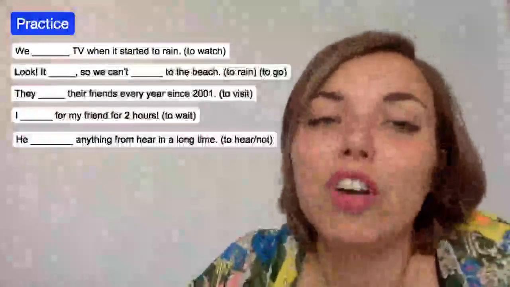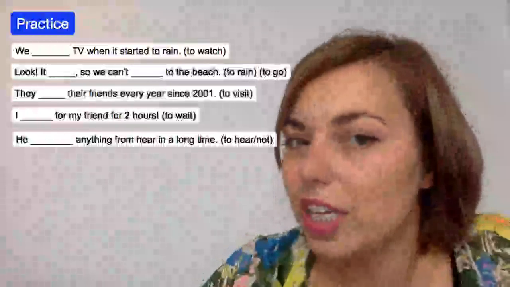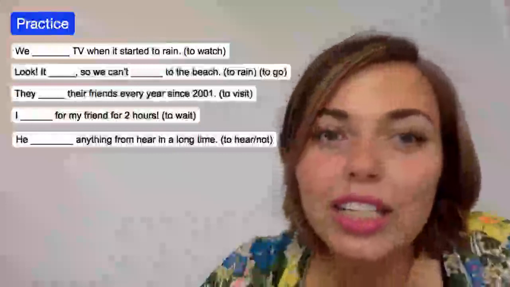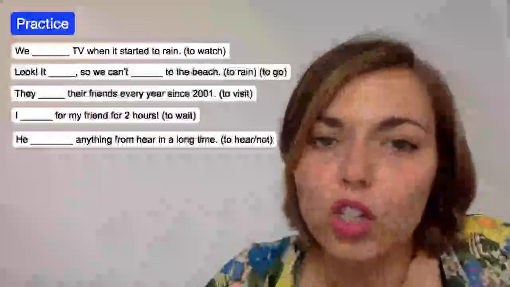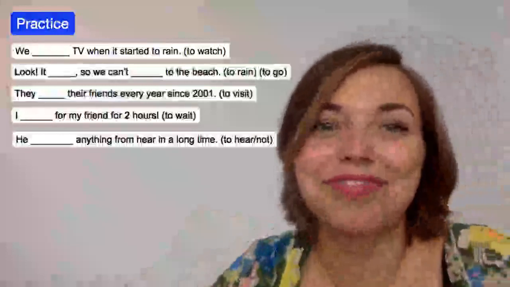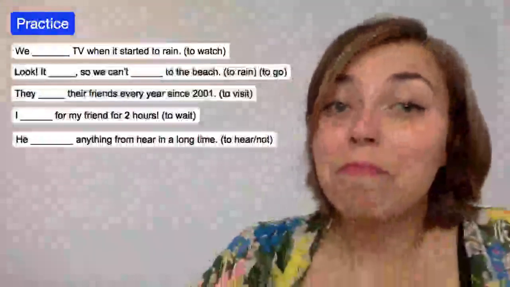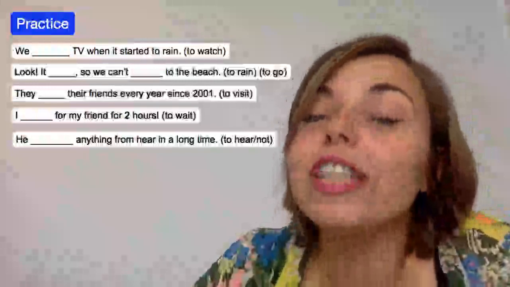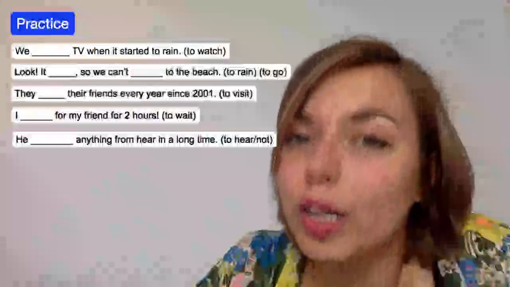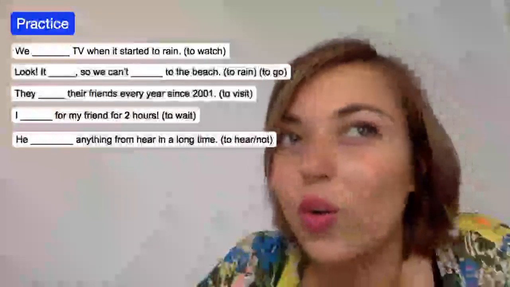So the first one we have, we TV when it started to rain. Look, it so we can't to the beach. Damn it. They their friends every year since 2001. Little thing, guys, you can say 2001, but don't say 21.